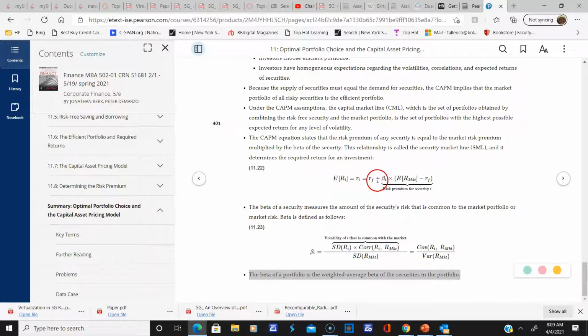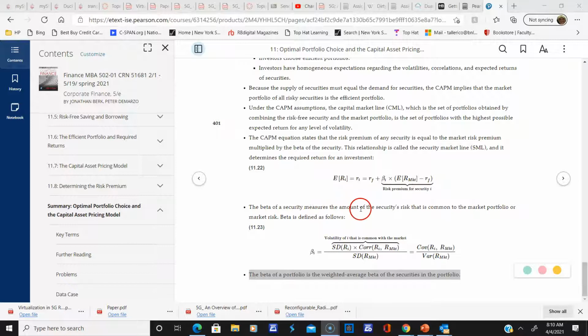Now here's the beta. The beta of a single security, which is shown right here, is the measure of the volatility of that security in reference to the market portfolio. Now the market portfolio is typically the S&P 500, okay?